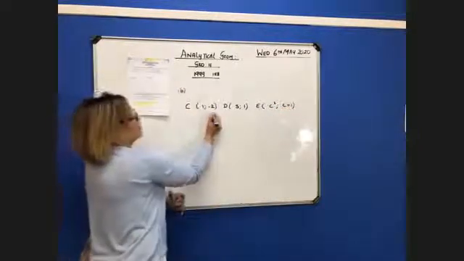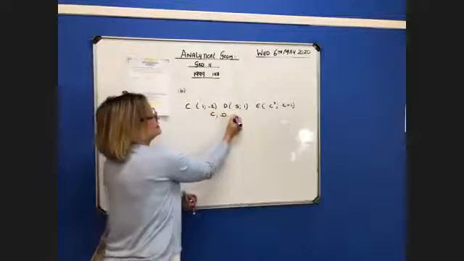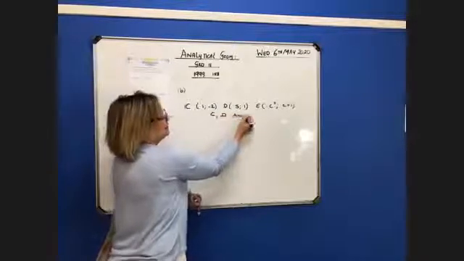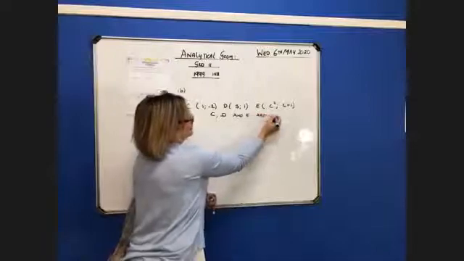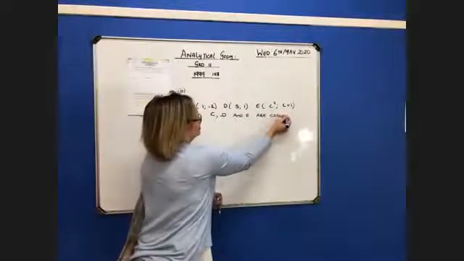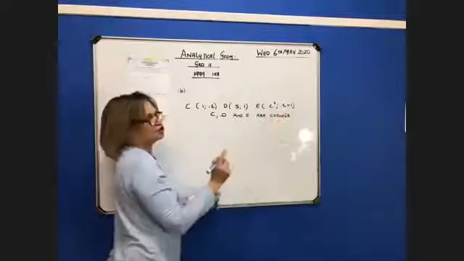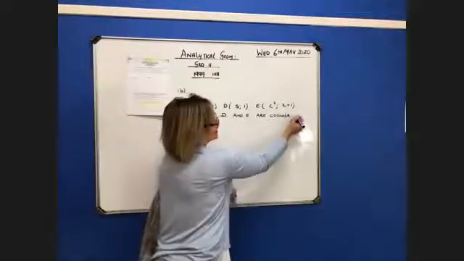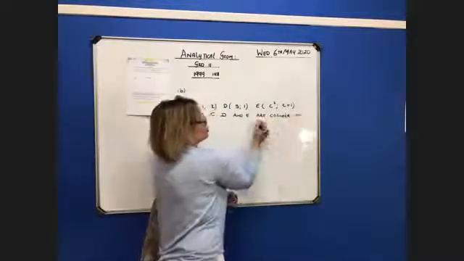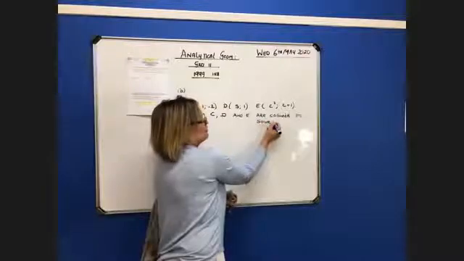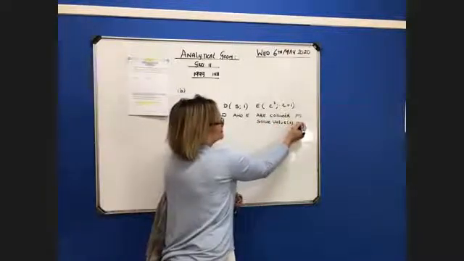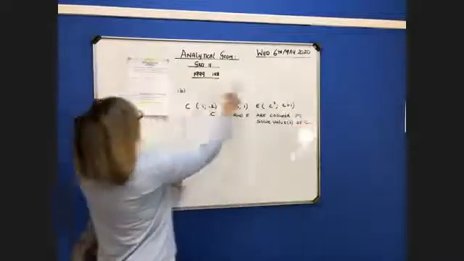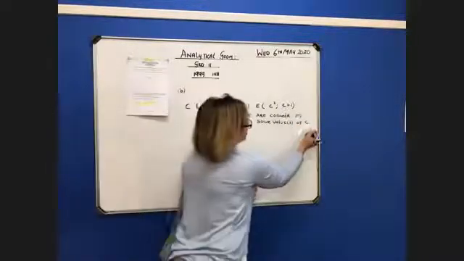And they said the points C, D, and E are collinear. Remember, collinear means they lie on the same straight line. And then it was solve the value, or values, of c. And this question was 5 marks.